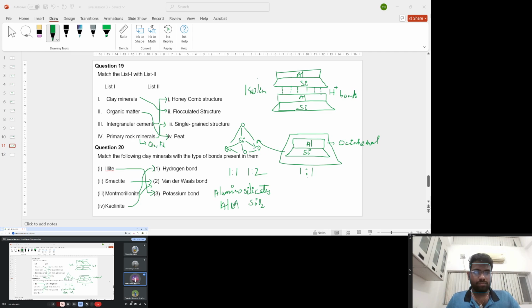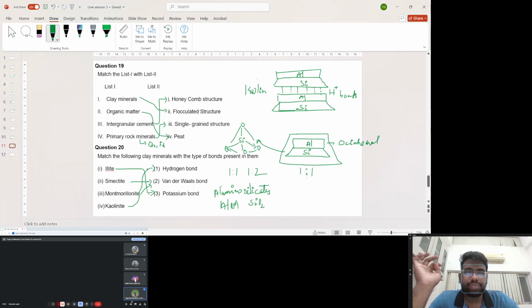Sir, how do we identify whether this mineral is illite or montmorillonite from the structures? See now, this is for kaolinite. Kaolinite is a 1:1 arrangement with hydrogen bonds, and illite is 1:2.